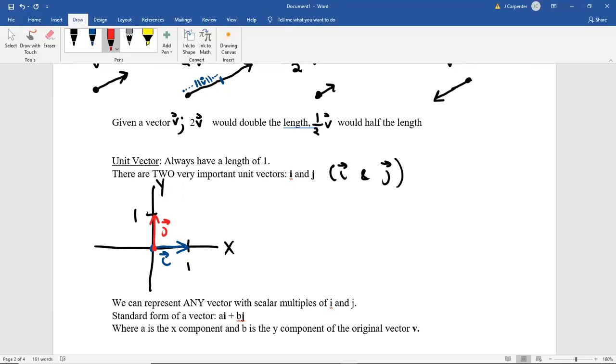So a is just how far right or left you move, b is just how far up or down you move. A lot of people will look at this stuff and kind of lose their sense of where they are.